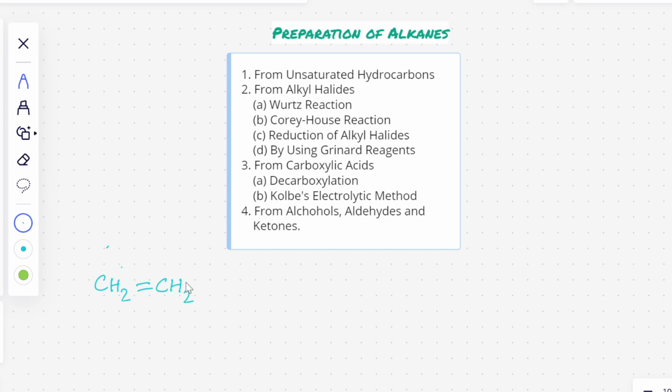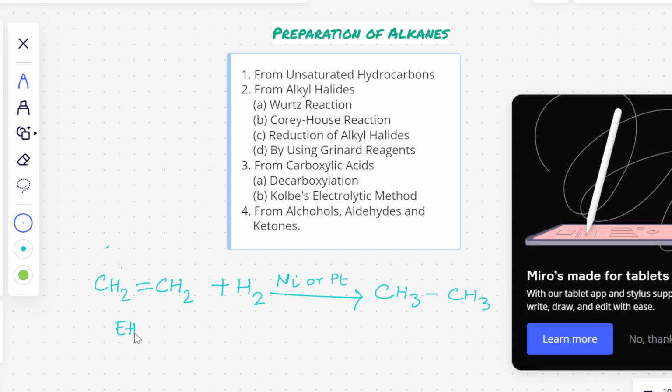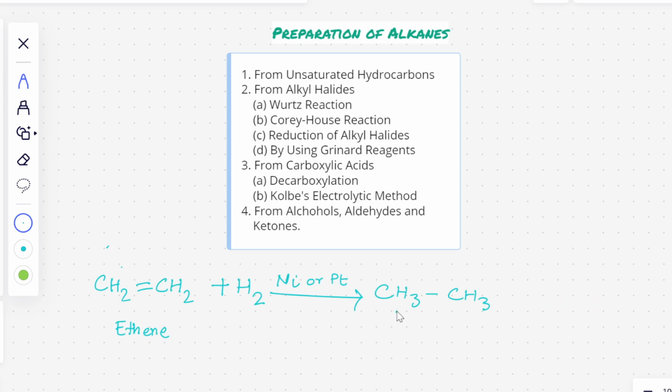All you have to do is break one of these bonds, the second bond, by adding hydrogen in the presence of nickel or platinum to form CH3CH3. So we had ethene and we precisely made ethane.